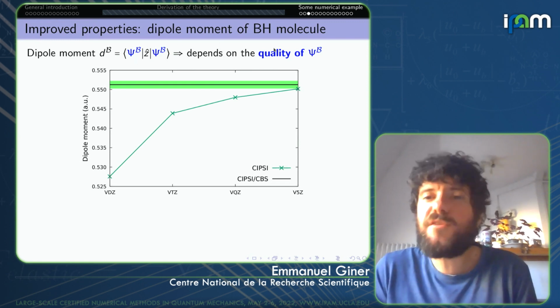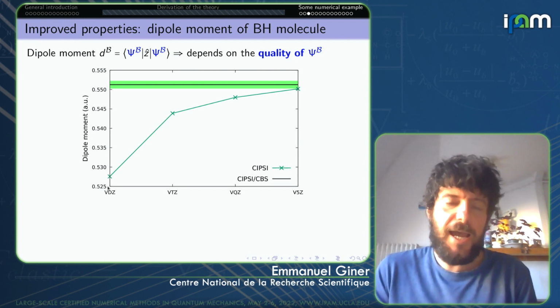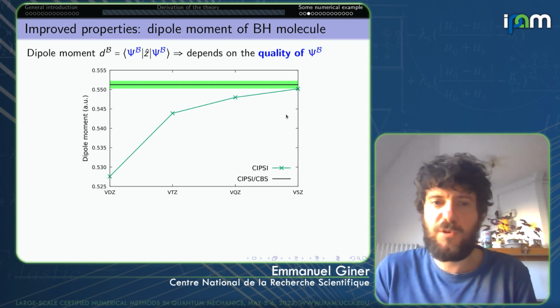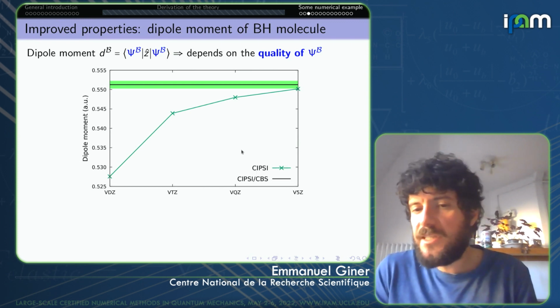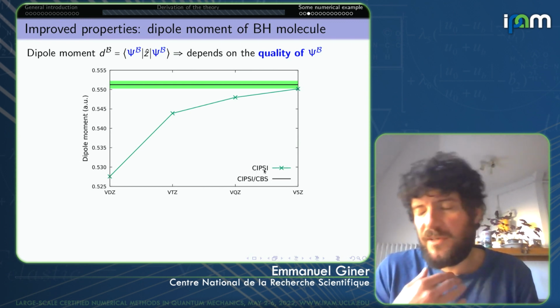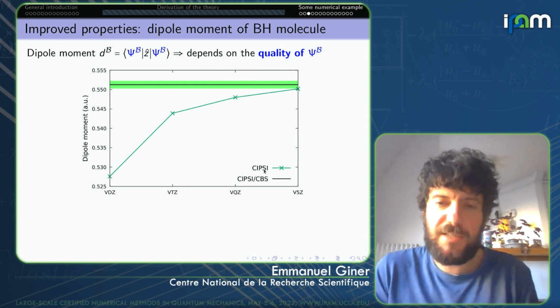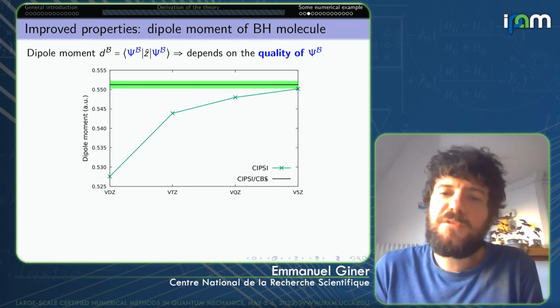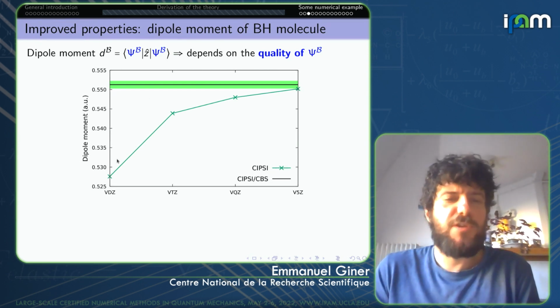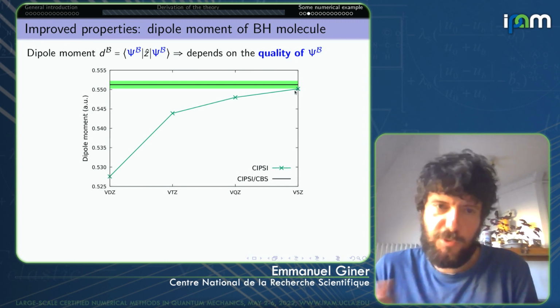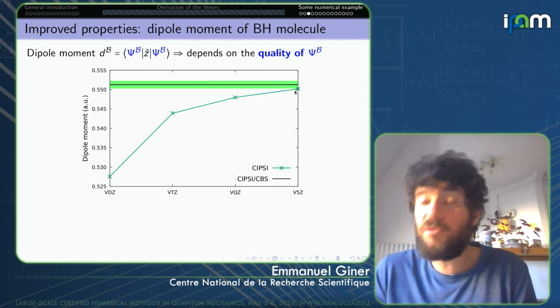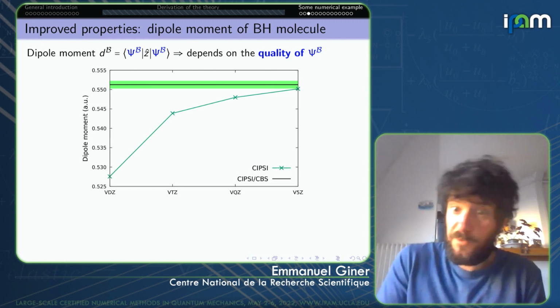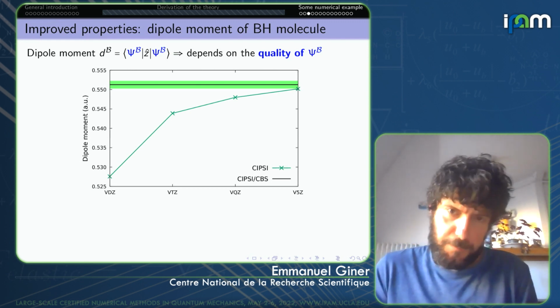Of course, it depends on the quality of the wave function. Here I represent as a function of the basis the convergence of this dipole moment in CIPSI, that's essentially full CI, I don't enter into the details, and that's the CBS, complete basis set. And you see that you have this slow convergence. This slow convergence is, of course, due to the poor quality of the wave function because of the short-range correlation problem.